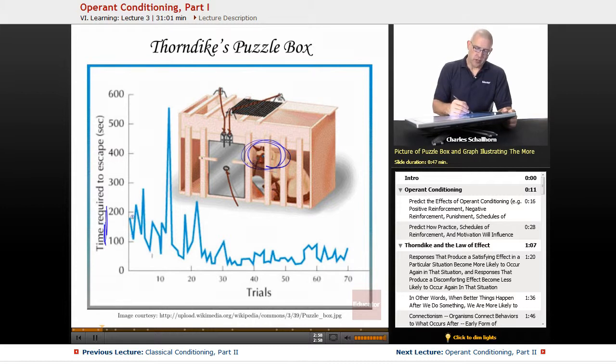Between 100 and 200 seconds in the first few trials, then it jumped way up, and then it came down. After the first 20, 25 trials or so, the cat had an uneven but fairly low, steady number of seconds to get out of the box. But there was uneven learning prior to that, during the acquisition of the behavior.